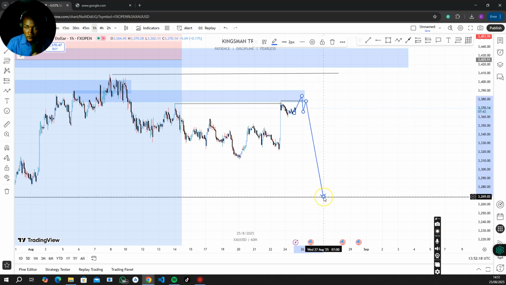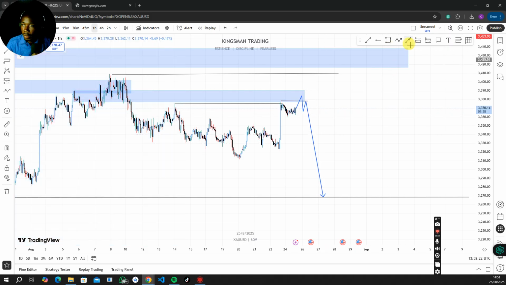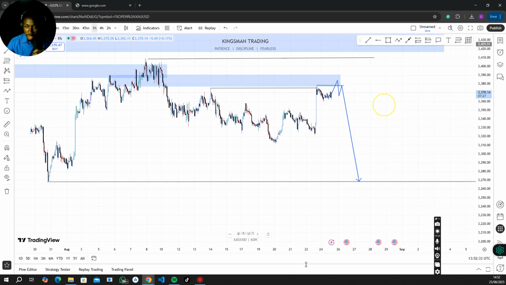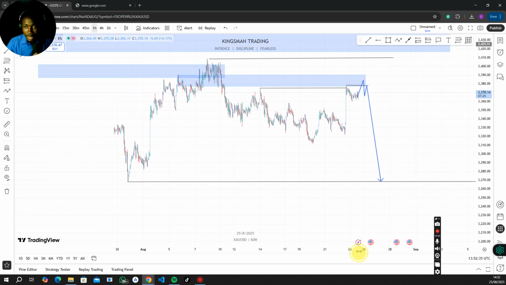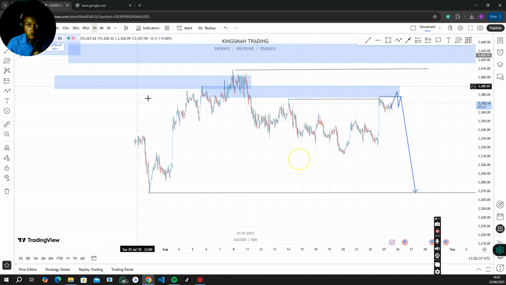So that's going to be my confirmation entry. About the confirmation entry, I might be looking for a candlestick pattern, be it a rejection or a bullish or bearish engulfing candle, whereby once I see it, I know what next to do. So that's my narrative for gold, and it's based on the structure and substructure.